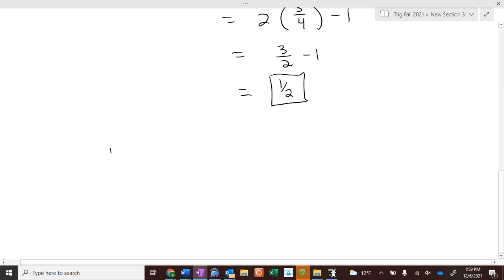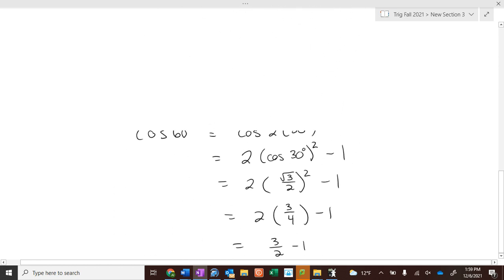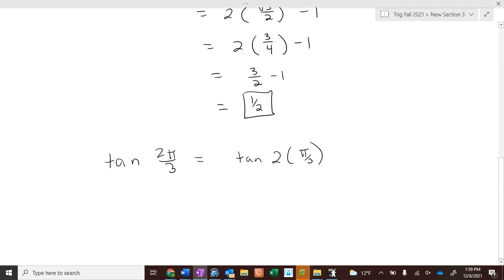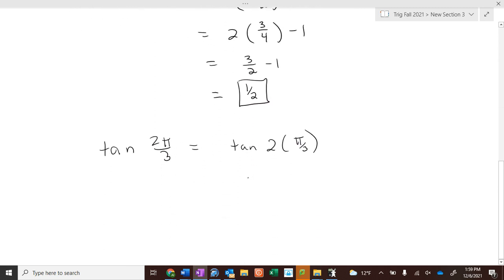Let's do the tangent of 2 pi over 3, which is equal to tangent of 2 times pi over 3. Now, I got to look at the formula because I don't remember it. 2 tangent of x over 1 minus tangent squared. So you go 2 tangent of the new thing, because the new thing is pi over 3.